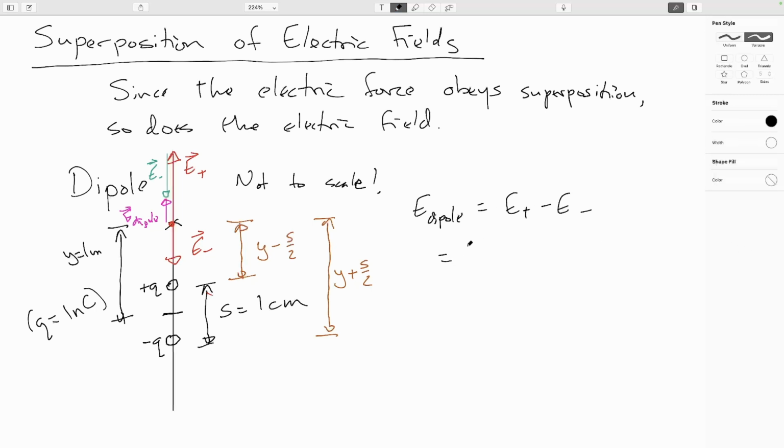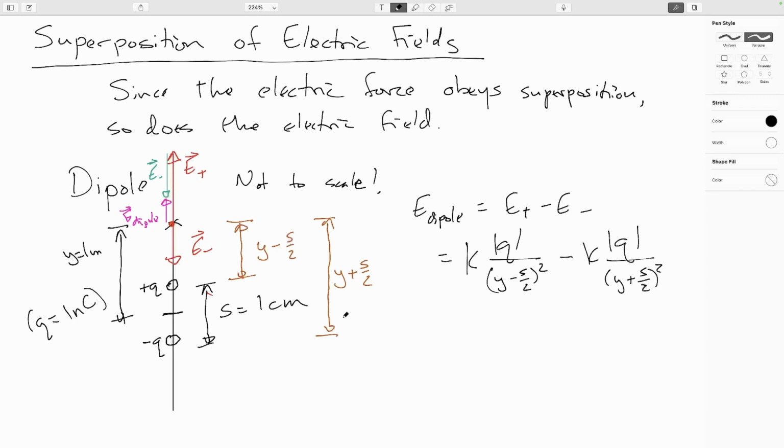So putting in, this will be K, absolute value of Q, over, this will be this distance right here, Y minus S over 2, and that's going to be squared, minus KQ over the square of this distance, Y plus S over 2 squared.